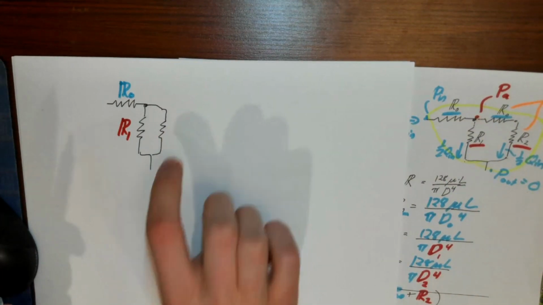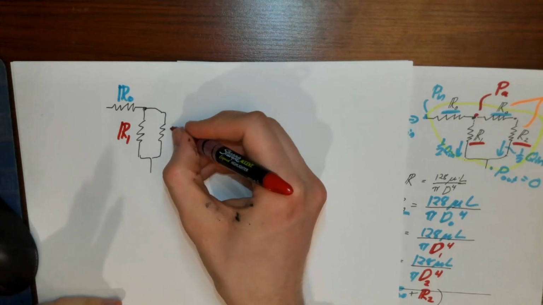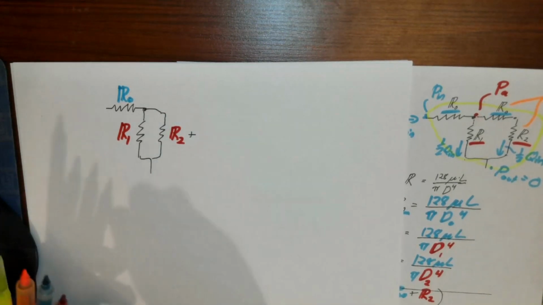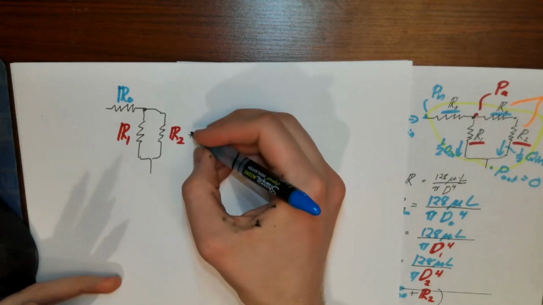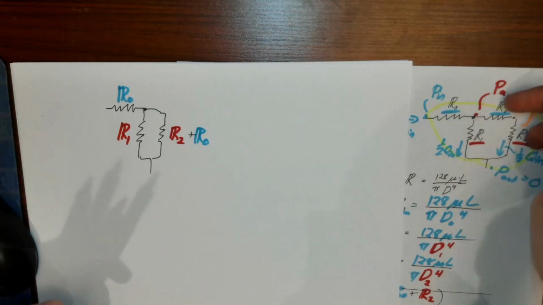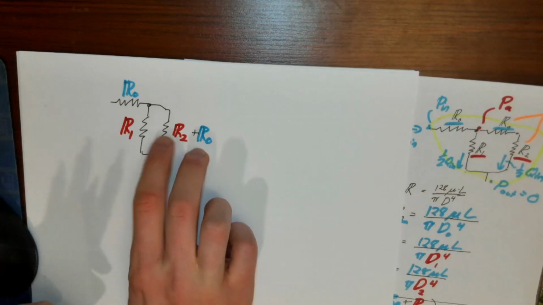The equivalent resistance is basically R2 plus R0, where we combined these two resistances into an equivalent resistance for this branch.